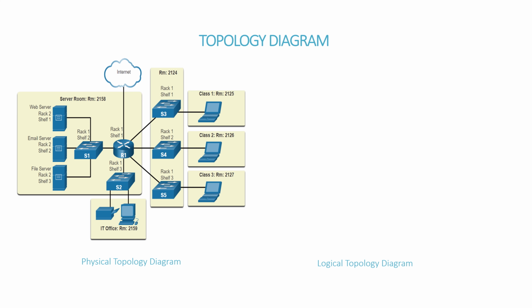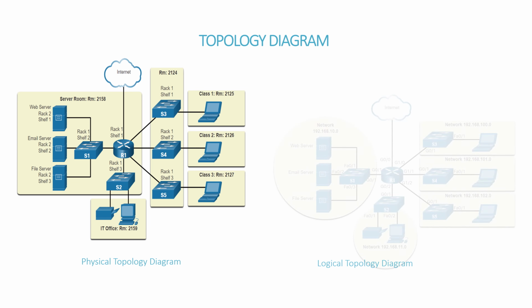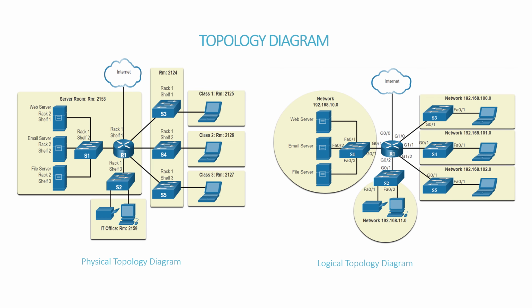Another topology diagram is the logical topology. In this one, the devices, ports, and addressing scheme of the network are illustrated. As you can see, for the server room, you will see the network and the IP of the network.